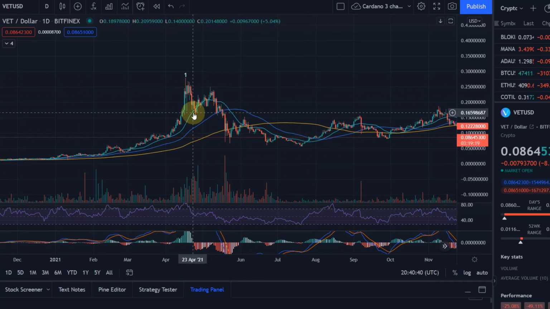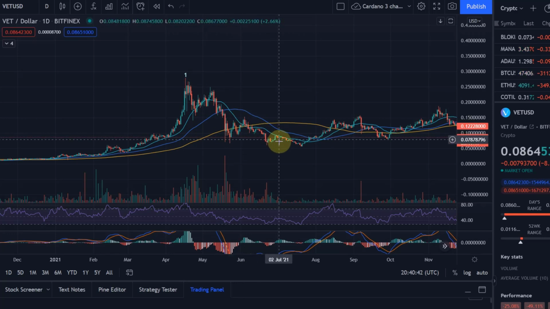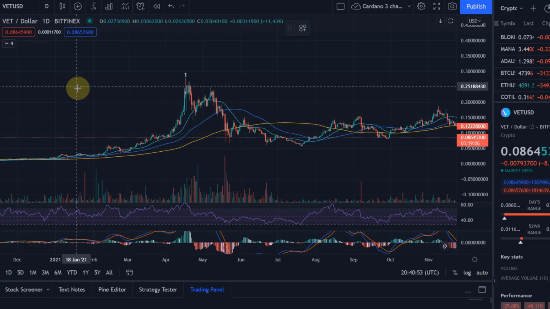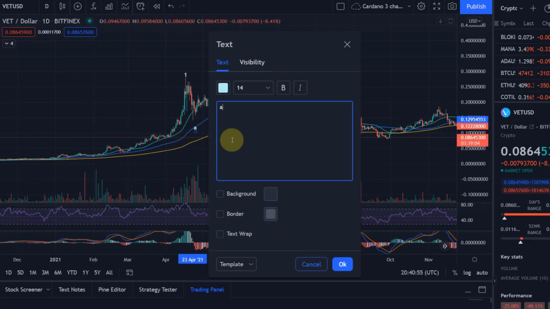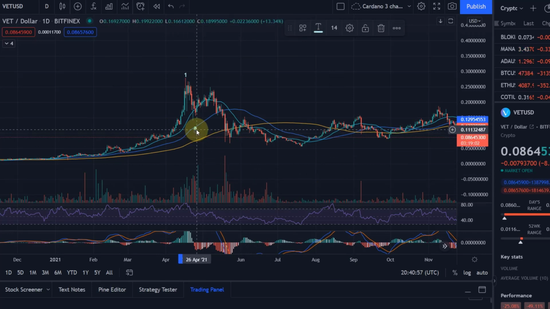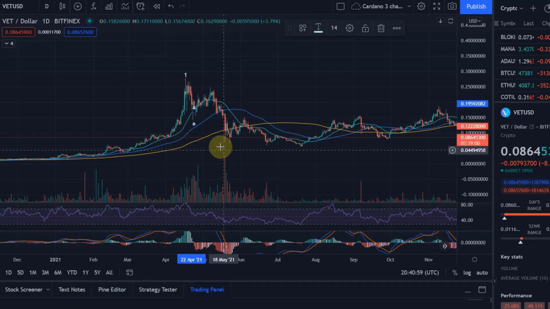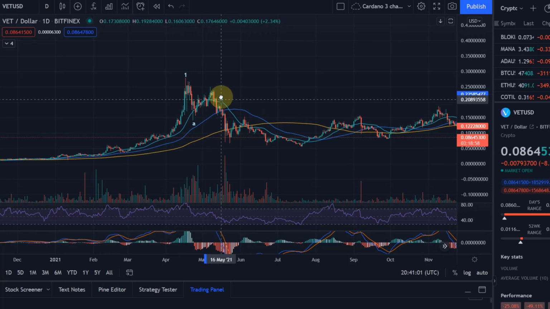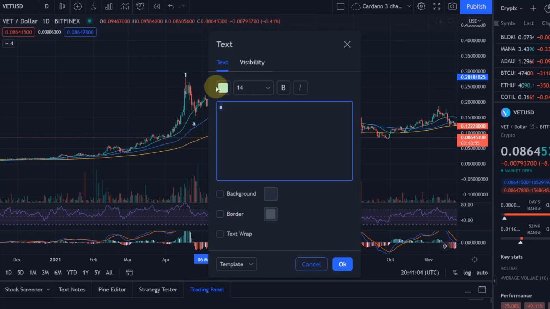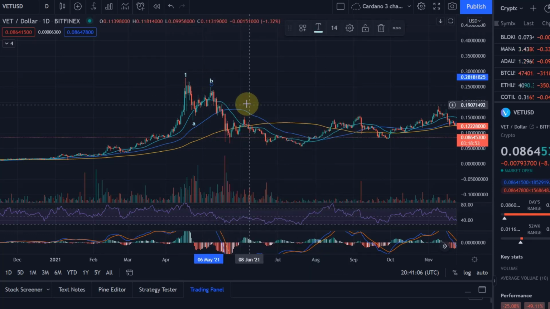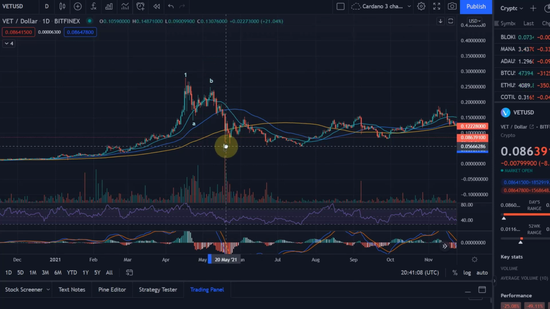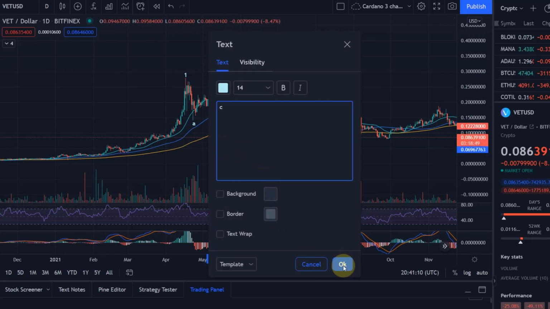That 1, 2, 3, 4, 5 again will consist of A, B's and C's, smaller wave counts. You have got waves within waves. Just to keep it simple, I will show you my thought process here. In my view, this was a wave A. What we then had is a wave B here to the upside, and a wave C to the downside.